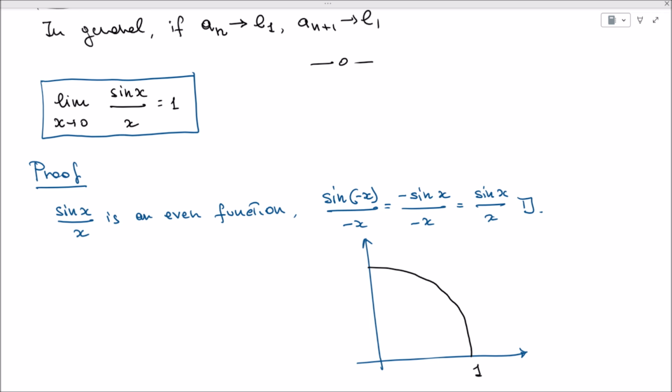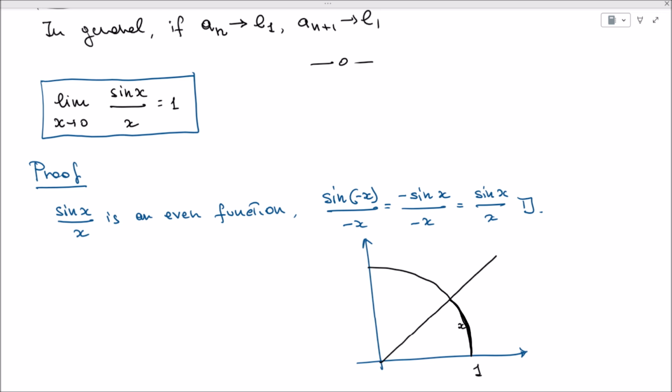Okay, and let's say that we consider this as the arc. So this is x. x is going to be exactly this, right?